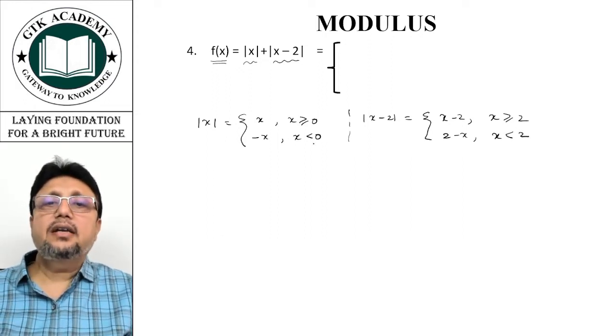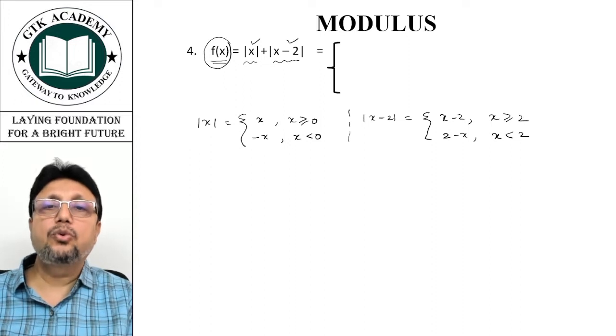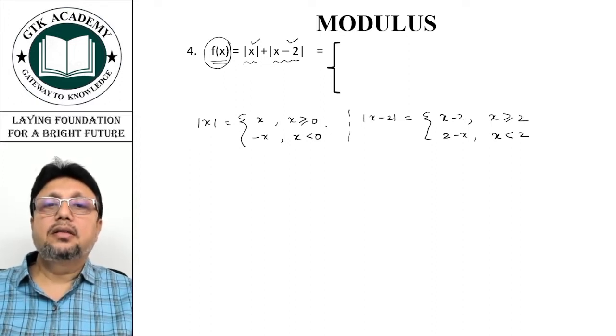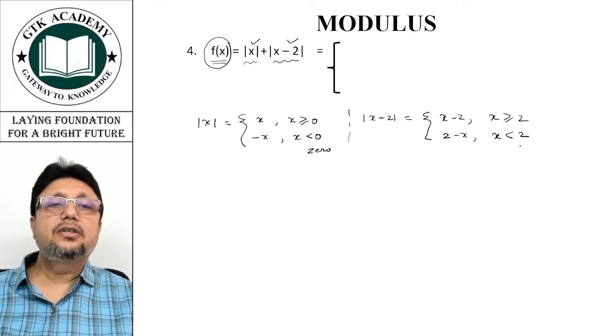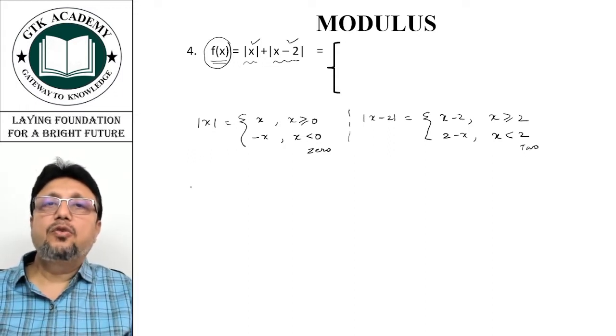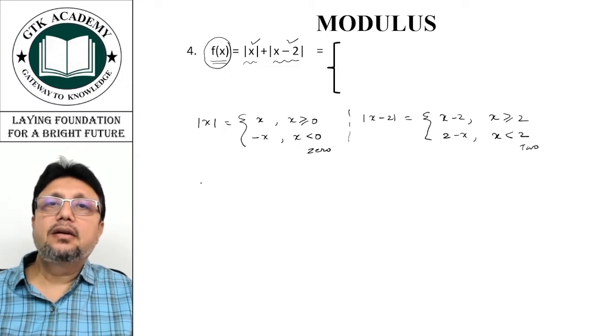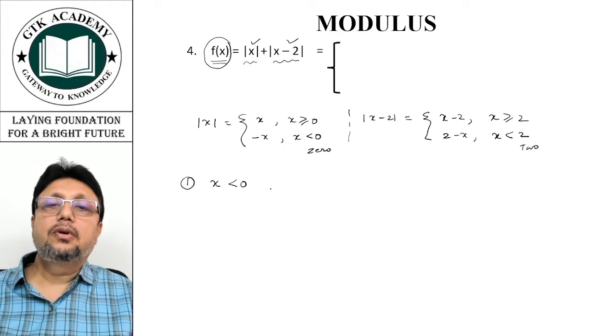Now you can see that this function f(x), which is the sum of mod x and mod x minus 2, changes definition at 2 points, one at 0, the other at 2. That means we have to make three regions. First region, x is less than 0.